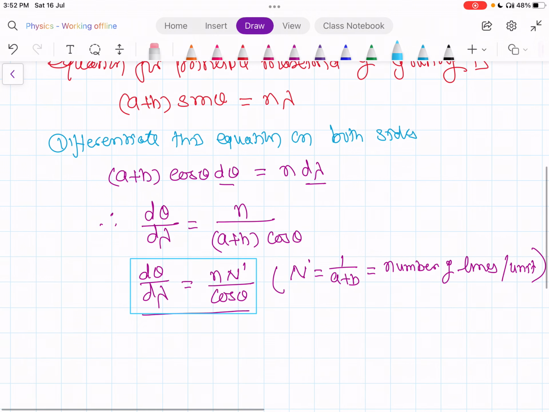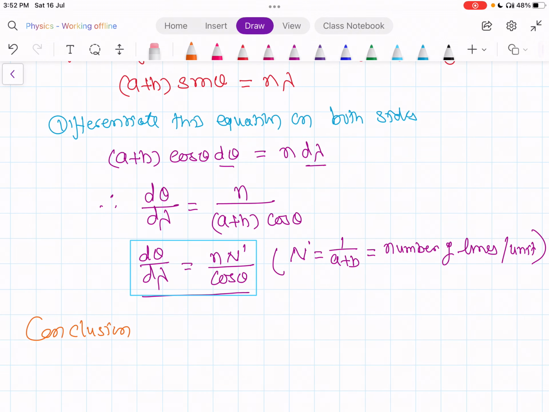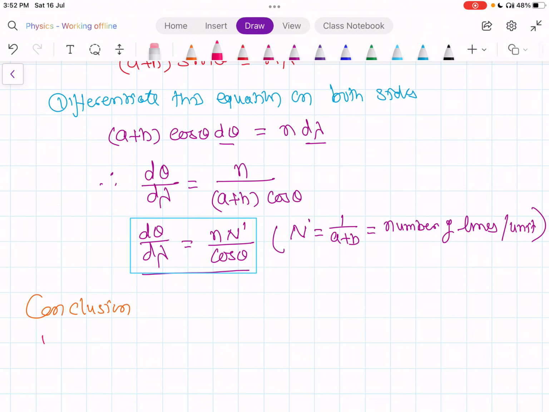And from this equation, we can draw some conclusions. The first conclusion: dispersive power, which is d theta by d lambda, is directly proportional to n. N is the order.